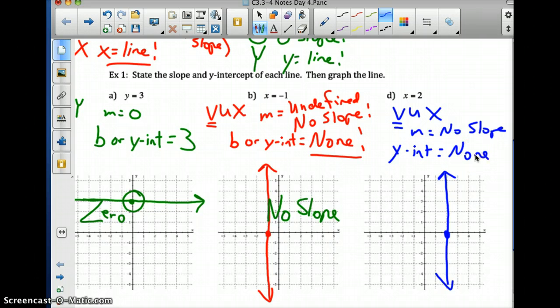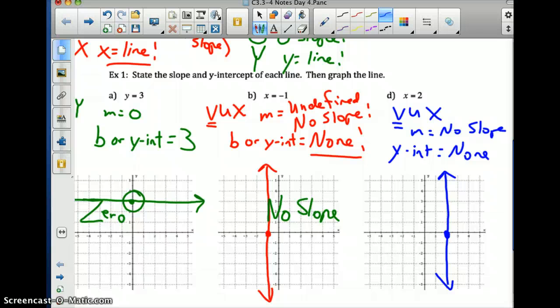So the x= lines, guys, have no y-intercept. Teddy, question. Will a vertical line ever have a y-intercept? I think it's going to run parallel to it forever, so no. Right? The y= lines hit it at that point, but these x= lines don't. Phoebes, question. Why is the y-intercept none? Okay.